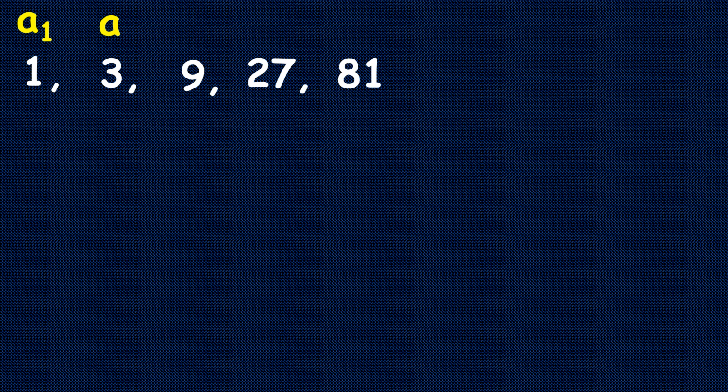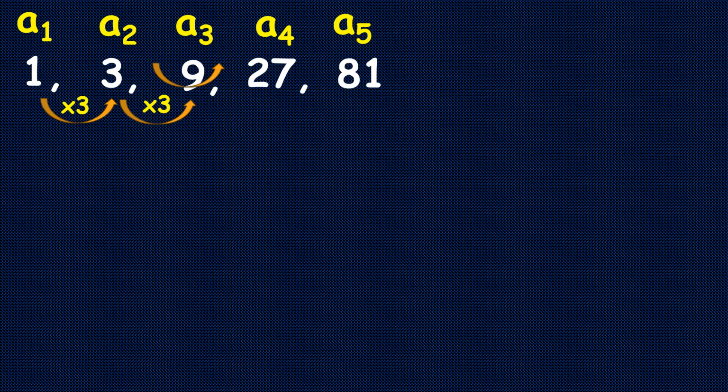Here we'll be looking at the relationship between one term and the other. And that relationship is a ratio. And if that ratio exists throughout, then we call it a common ratio.